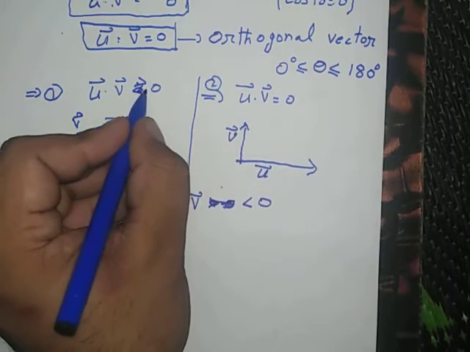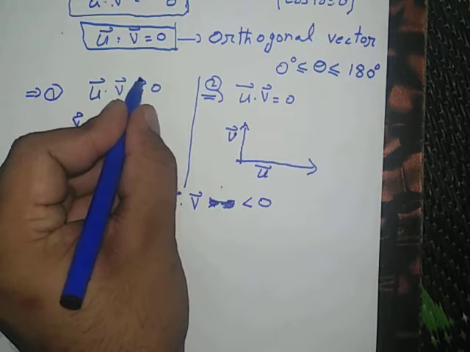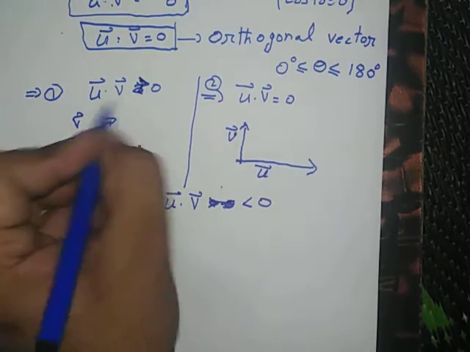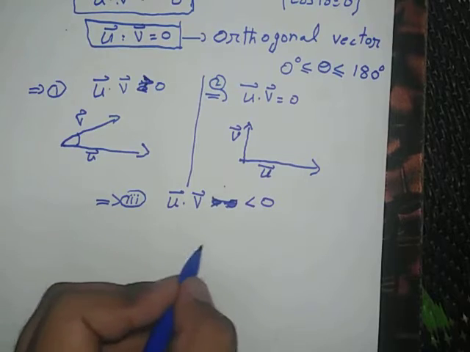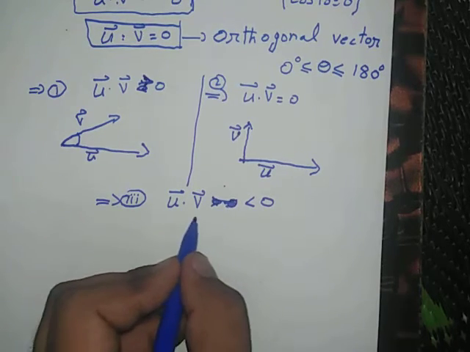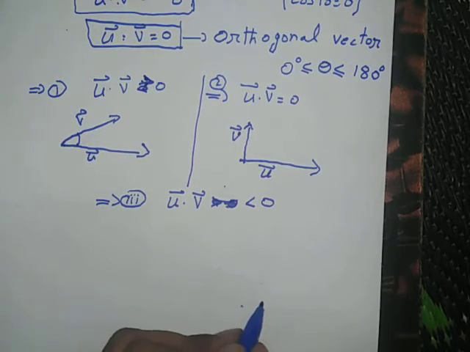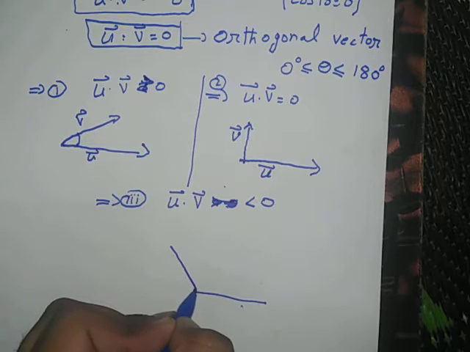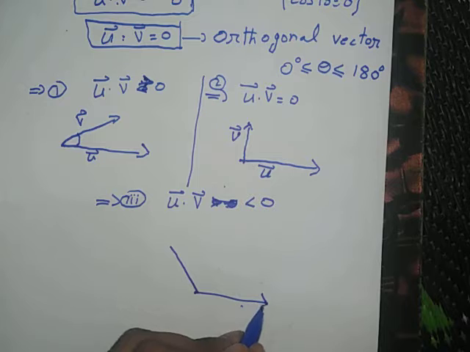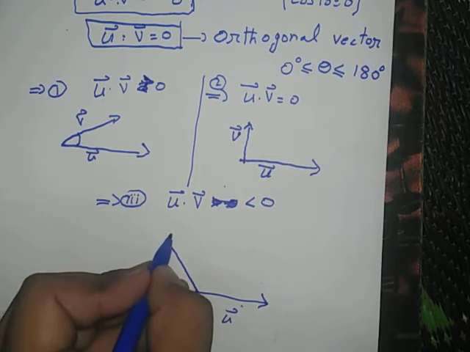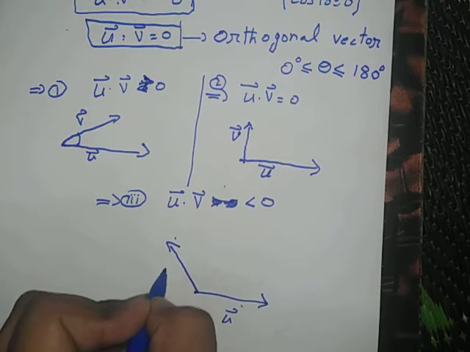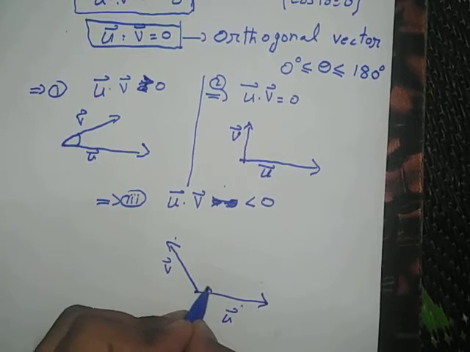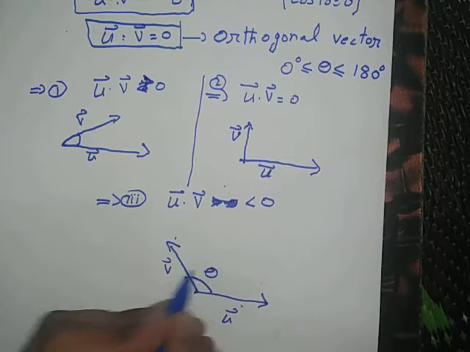This is for the greater than 0, where both values have a positive quantity, so this is the result. If u dot v is less than 0, then we have the geometrical representation like this. This is vector u, this is vector v, and this is the angle between them, theta.